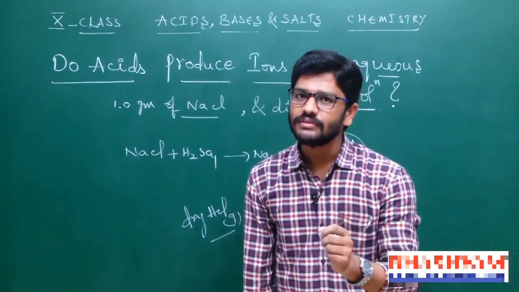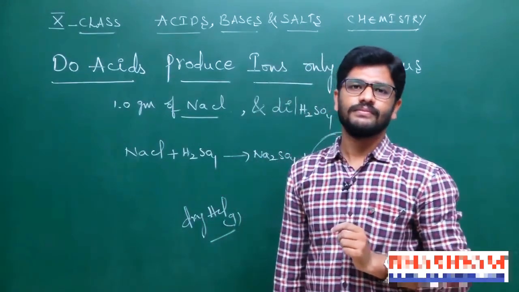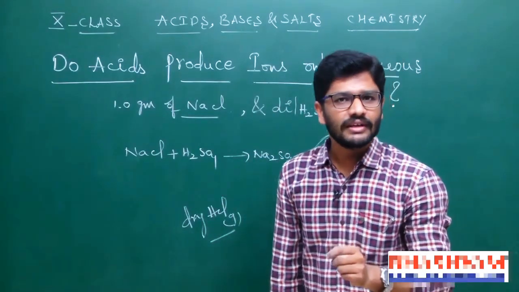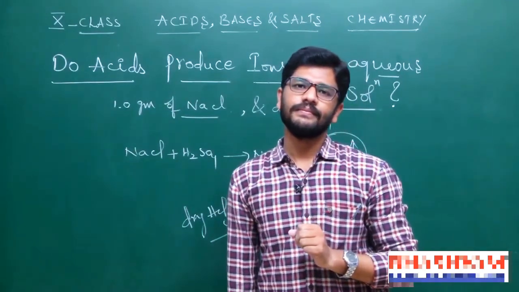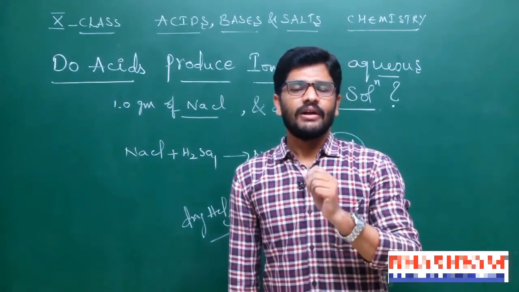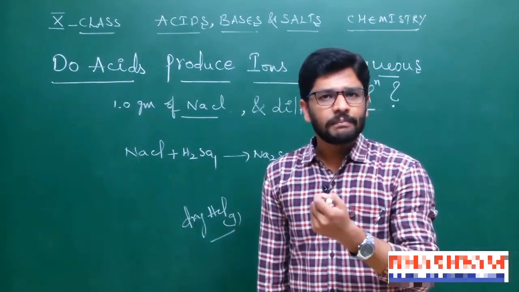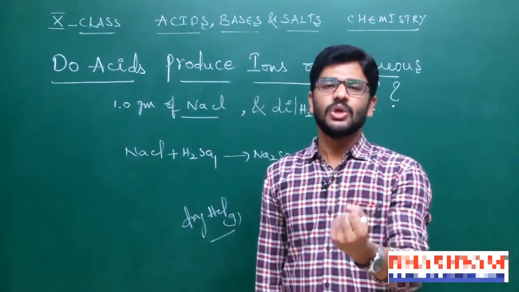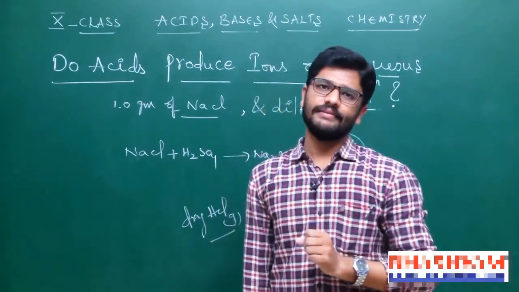It's nothing but dry HCl is not an acid. We know that practically, when blue litmus paper is in contact with an acidic solution, this blue litmus paper is converted into red. Yes or not?